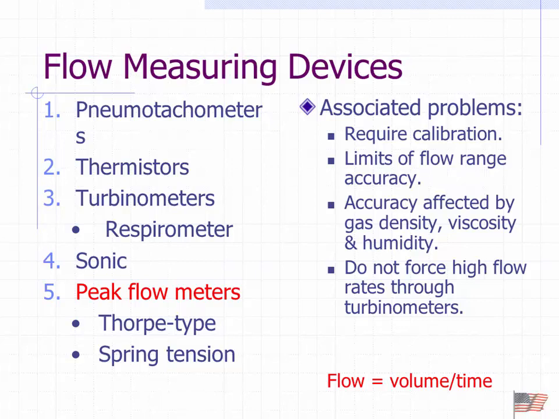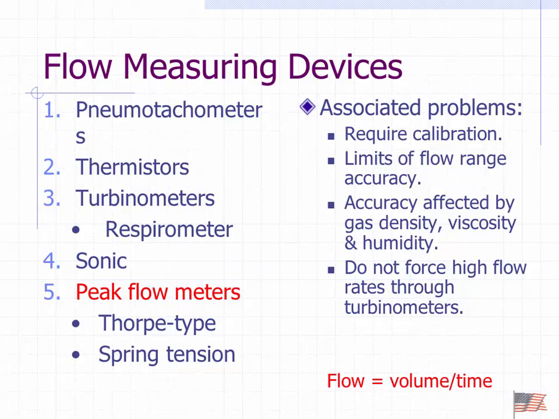If I know the pressure drop across a known resistance, I know instantaneous flow. So if I have a device that has a known resistance, and I measure the pressure on this side and I measure the pressure on that side, I have instantaneous flow. And that's how we do it on most of our ventilators. They use a pneumotachometer.